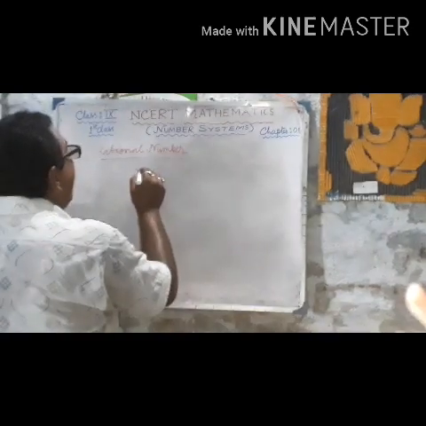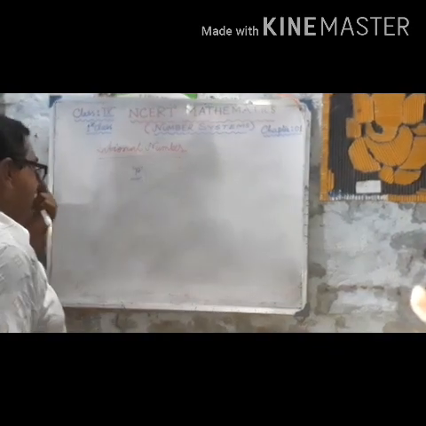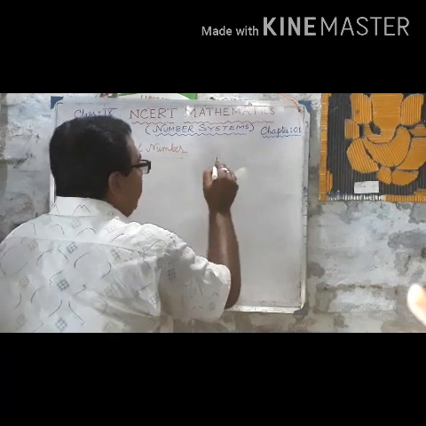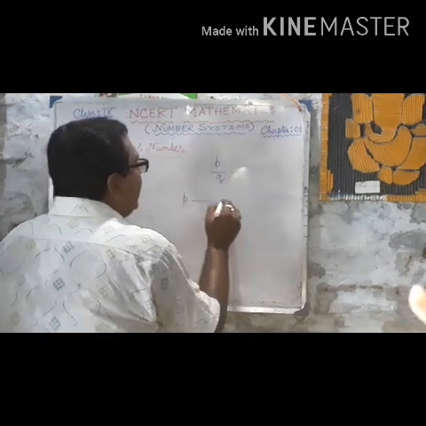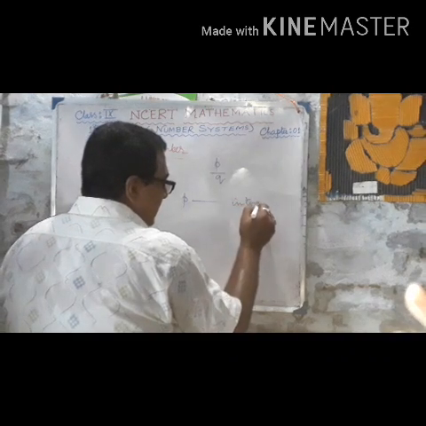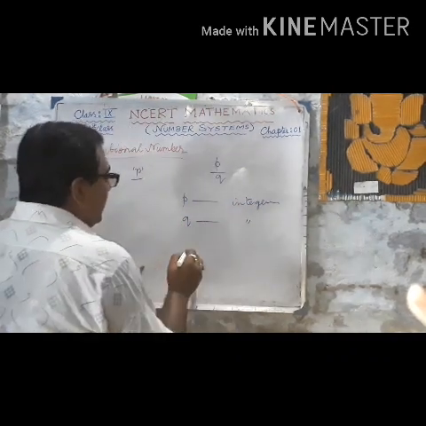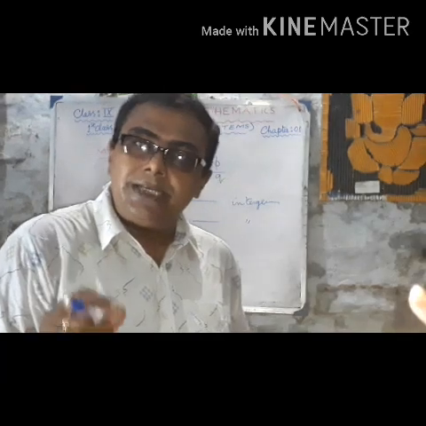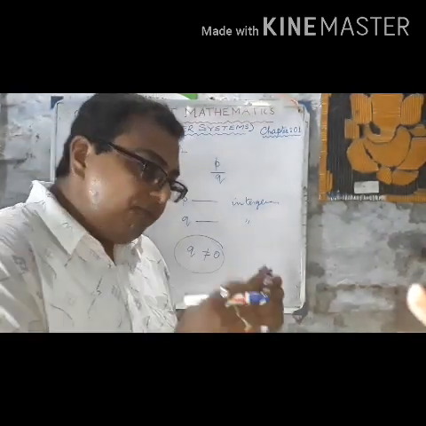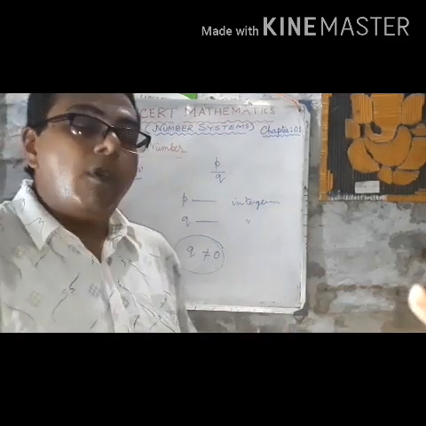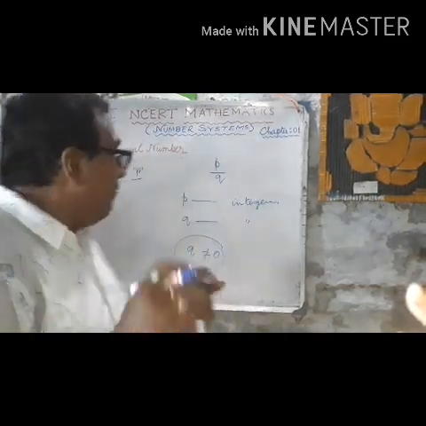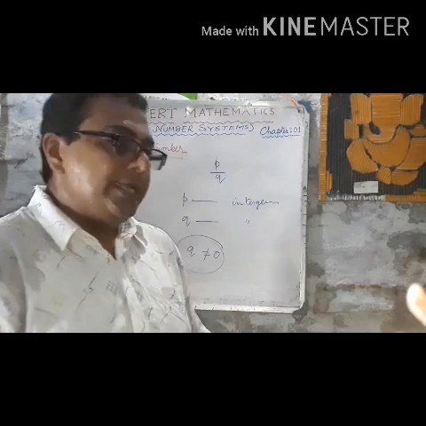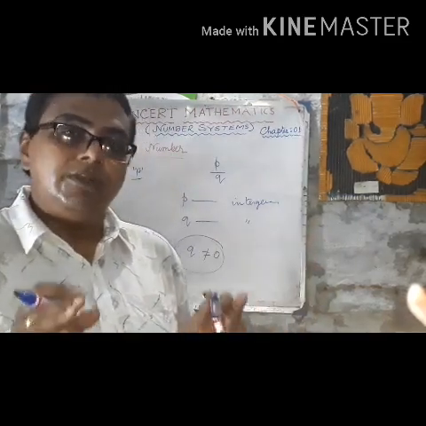A number, say r, is said to be rational if we can express it in the form of p by q, where p is an integer and q is an integer and q is not equal to 0. Then the number is called a rational number.